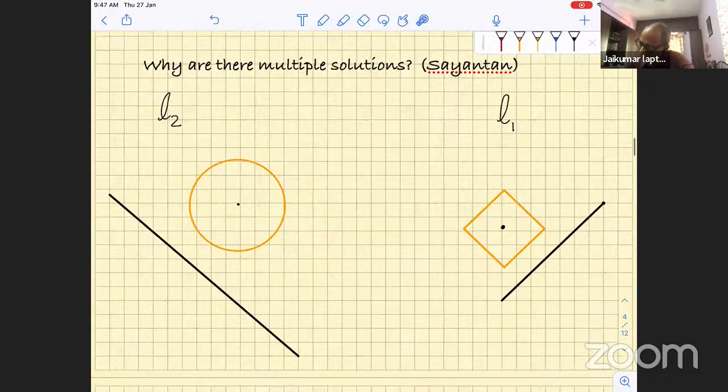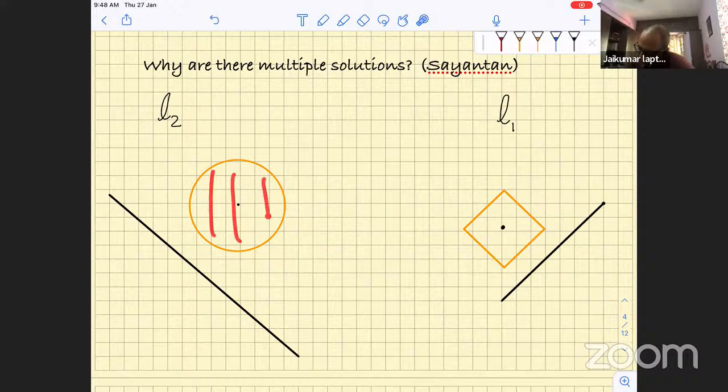Now, Shayantan mentioned a certain diamond, which you can see here. His point was this. If you have a point here, the set of points which are at distance r from it form this sphere. And this ball is those points which are at distance at most some radius r.